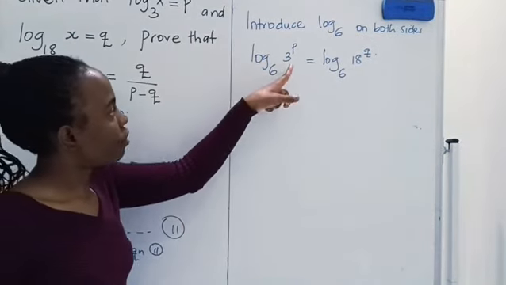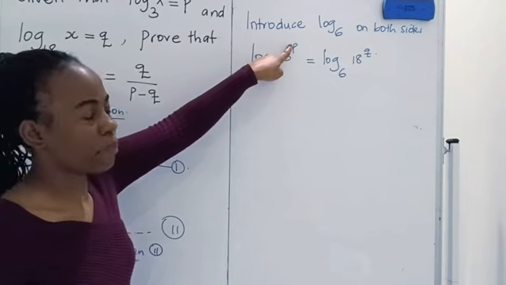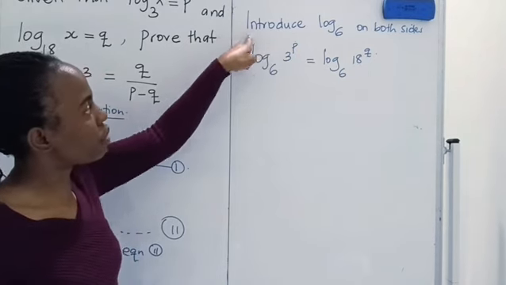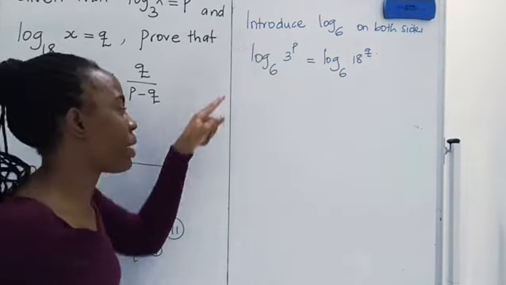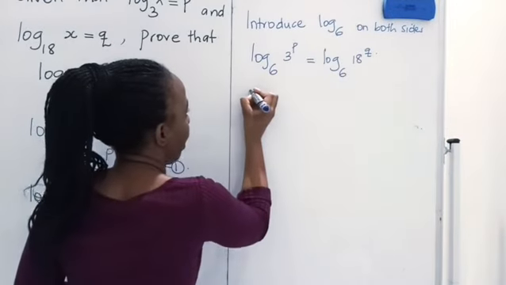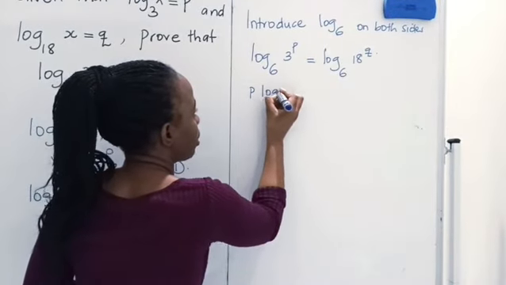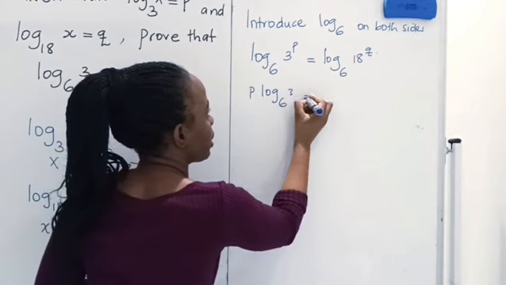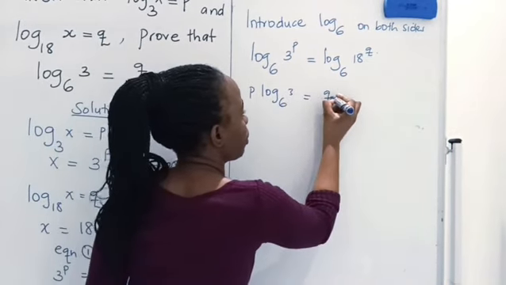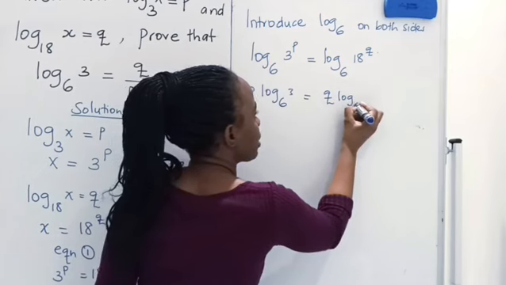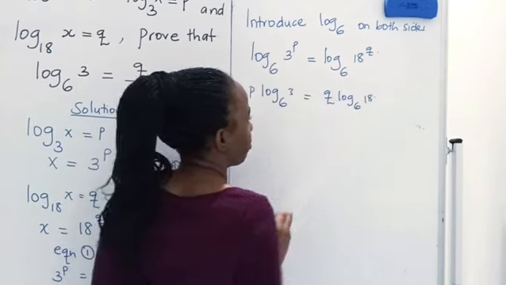Now you find that this power, by the power rule, is going to drop to become the scalar multiplier of this log. So I will have p log 6 of 3 is equal to q log 6 of 18.